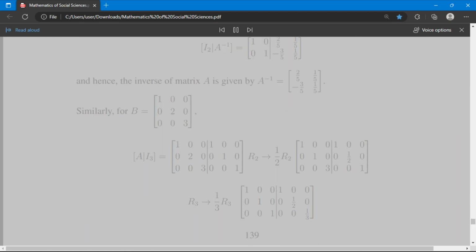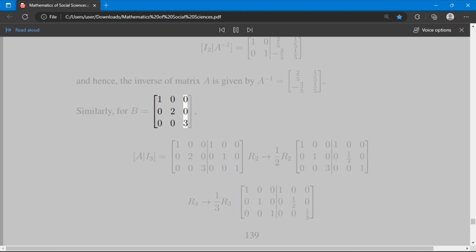Therefore, the transformed matrix is I2 A1 equals 1 0 0 1 2/5 1/5 3/5 1/5. And hence, the inverse of matrix A is given by A1 equals 2/5 1/5 3/5 1/5.